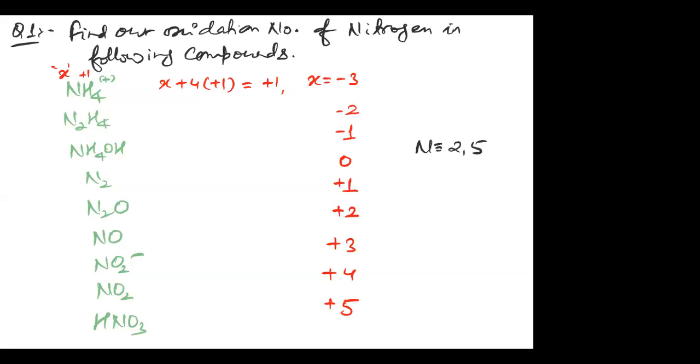So its minimum oxidation number is going to be -3, and its maximum oxidation number is going to be +5. We have just seen some rules related to minimum and maximum oxidation number. And in these examples, if you see, nitrogen oxidation number varies from -3 to +5. I hope it is clear related to oxidation numbers.